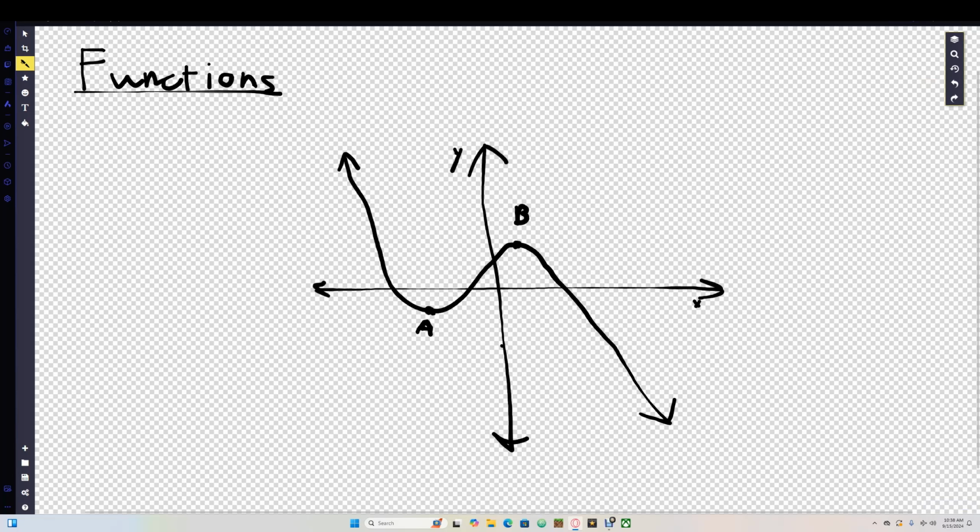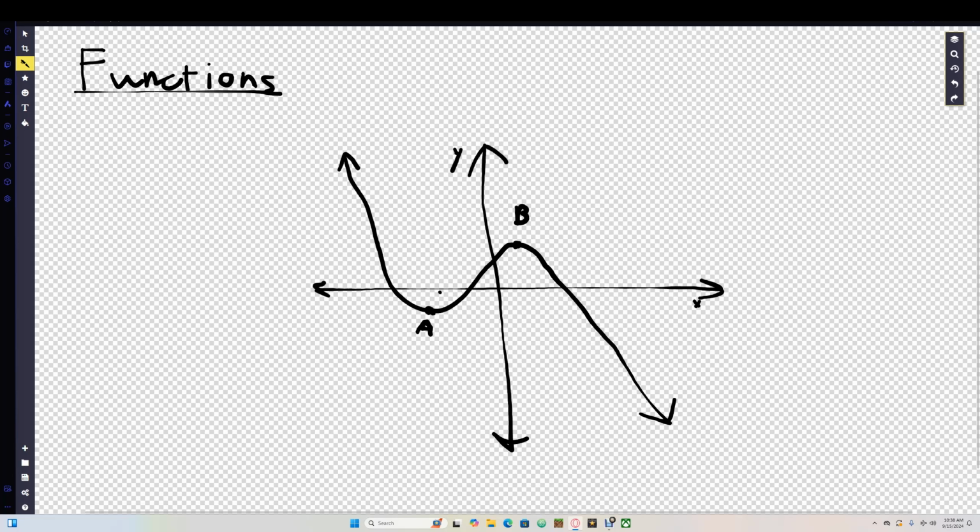And now end behavior. So normally how I said when you're reading it left to right, as in whether it's increasing or decreasing, when you're talking about end behavior, you have to say as x increases or x decreases, y does this. So let me give you an example.